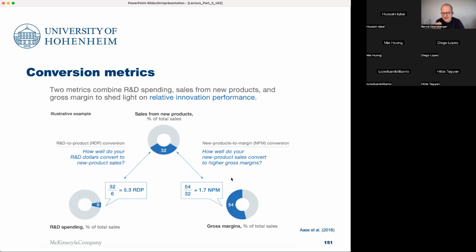And what you get is how well your product sales actually convert into higher gross margins, or higher profits, if you like. Okay, so by having three simple metrics, you can build two conversion ratios that give you a good idea on how well a company does in the field of innovation.